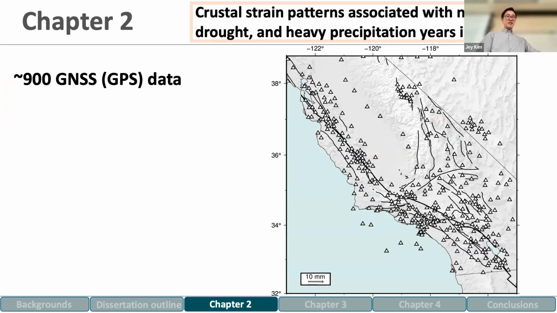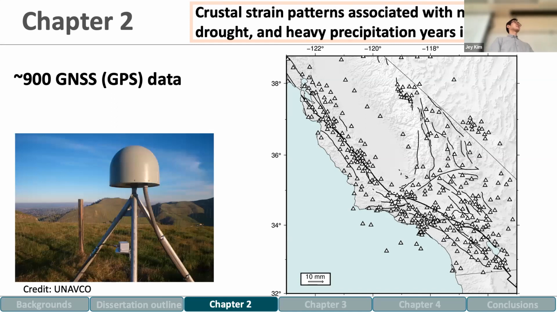In California, we have about 900 GPS stations. In this talk, GNSS is a comprehensive term that includes GPS, but I'm just using GPS and GNSS interchangeably. So please don't get confused. This is a GPS receiver. What you do is install a GPS receiver into the crust.